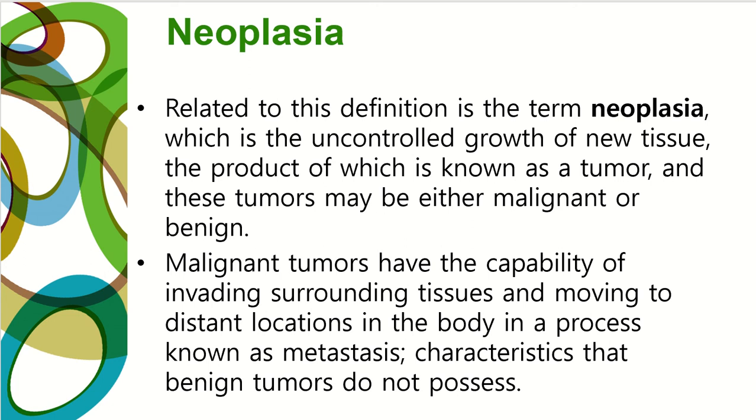So malignant tumors have the capability of invading surrounding tissues and moving to distant locations in the body in a process known as metastasis. So you might have heard about that before. Characteristics that benign tumors do not possess. Right, so here we're making a distinction between a malignant and a benign tumor.